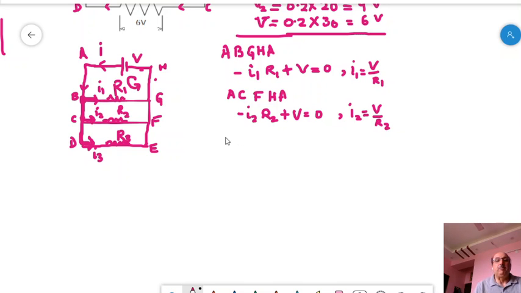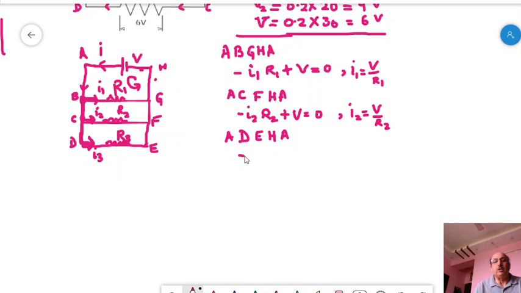The third loop we may consider here A, D, E, H, A. If we are coming from A, the first one is point A, D, the appliance is R3. We are coming from higher potential to lower potential.